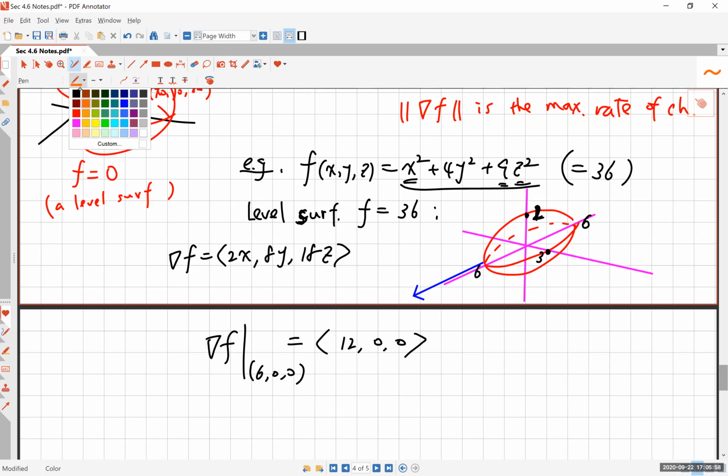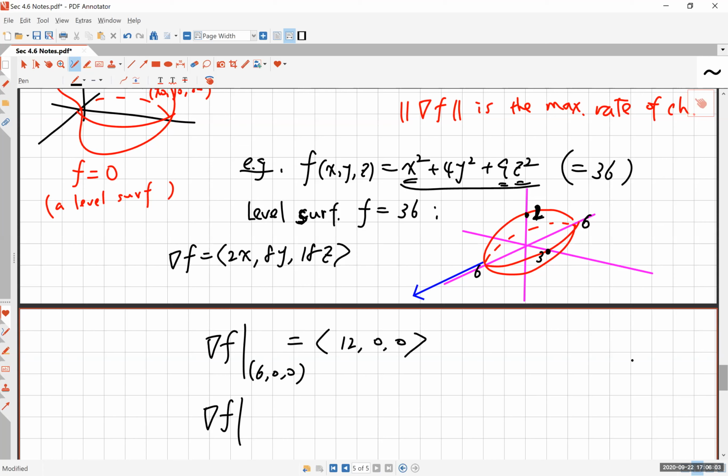And next, let's evaluate this at, let's say the point 0, 0, 2. This will be 0, 0, 18 times 2 is 36. So this will be something like this. That's the gradient at 0, 0, 2. The length here is 12, and this is the gradient evaluated at 0, 0, 2, a long vector of length 36.